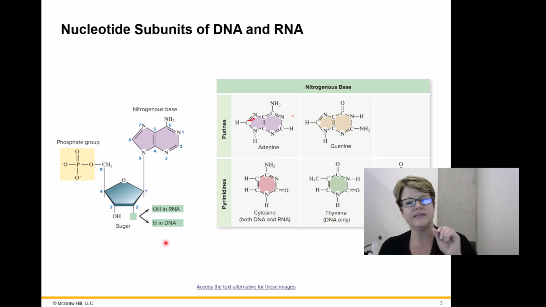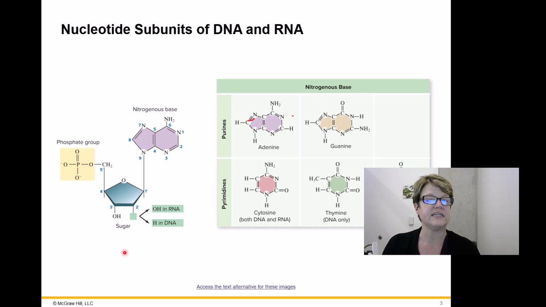That doesn't seem like that much of a difference, but in fact, it is very important for the stability of the polynucleotide strand. However, for us right now, all you have to know is what the difference is. There's a hydrogen here in DNA nucleotides. There's a hydroxyl here in the RNA nucleotides.